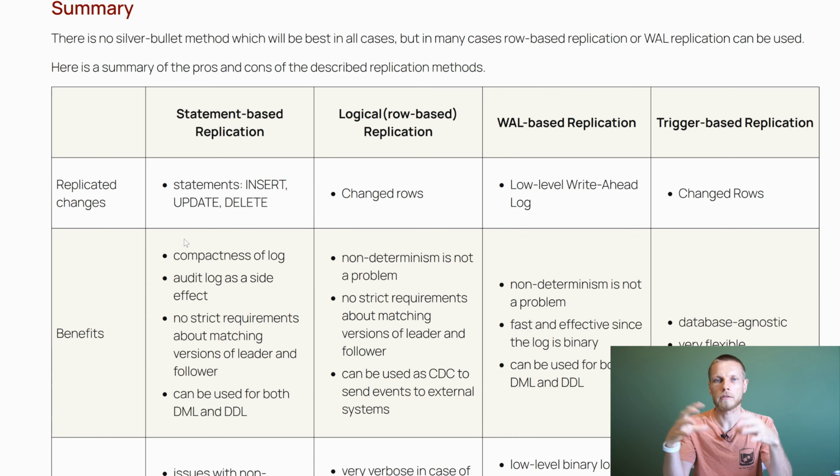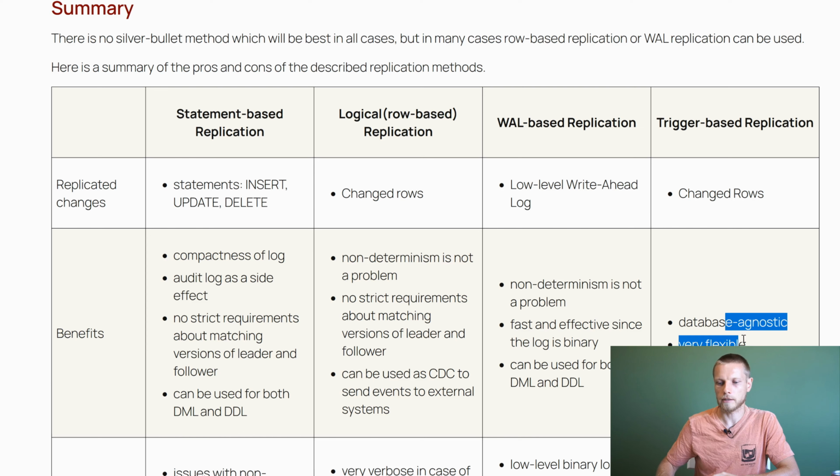Also it can be used in a more extended sense as CDC, change data capture, to transfer a stream of data to our custom applications, not just to the databases themselves. WAL-based replication also does not have any issues with non-determinism, and it's extremely fast and effective because it's very low level. It can also be used for both DML and DDL statements. And the main benefits of trigger-based replication are that it's database agnostic and very flexible.